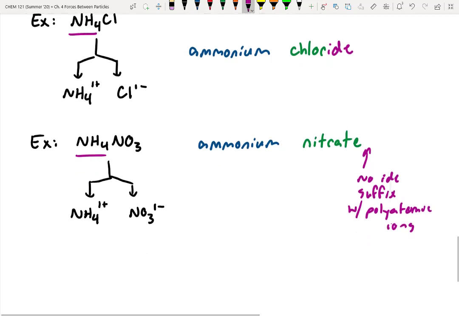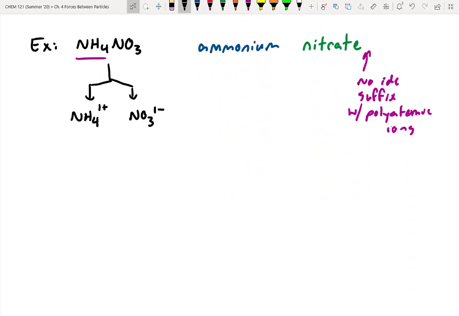Okay, let's do one more. This one's kind of fun. This is something most of us have in our kitchen. It's NaHCO3. This is just baking soda. So again, let's break this apart. In this case, it's a little bit easier for the cation because we know it's just sodium, so it's sodium 1 plus.